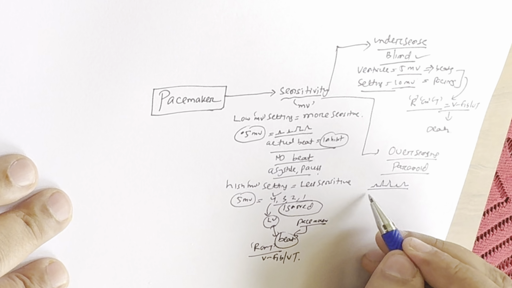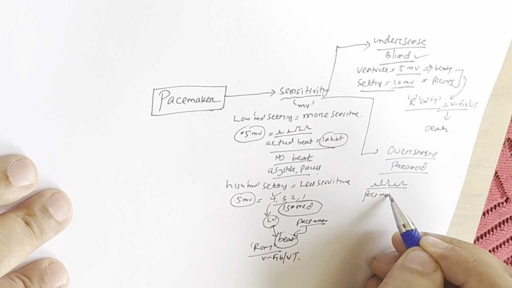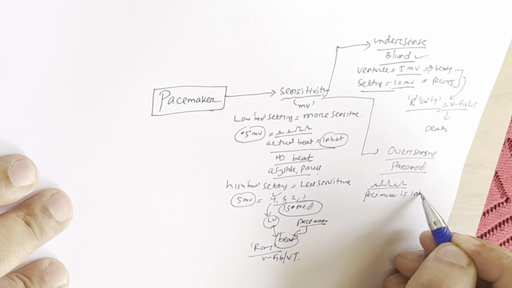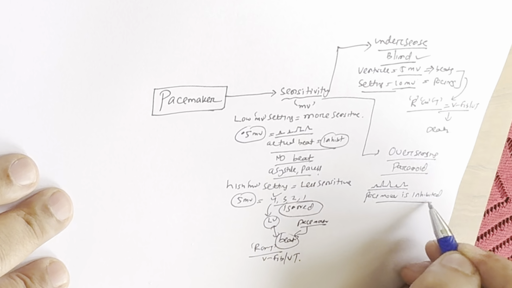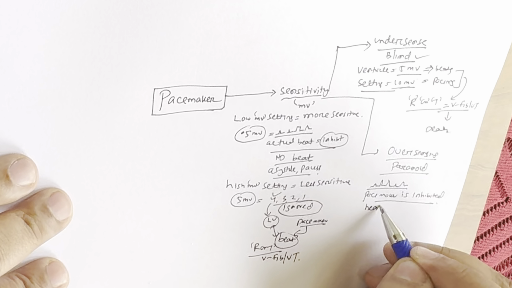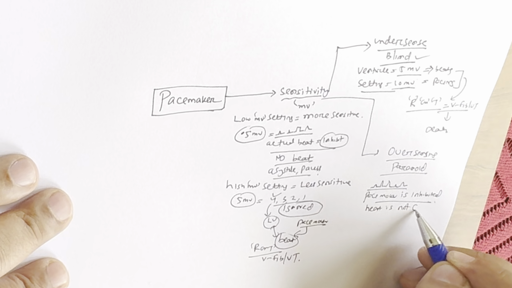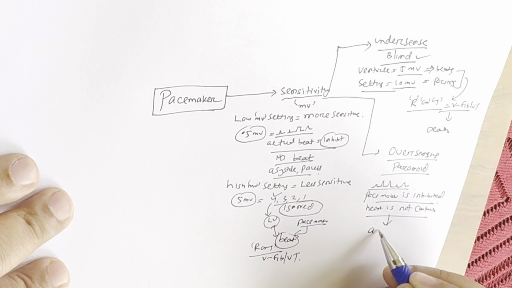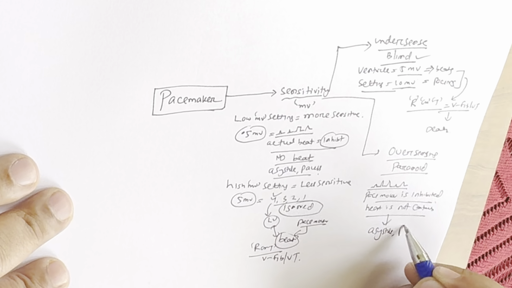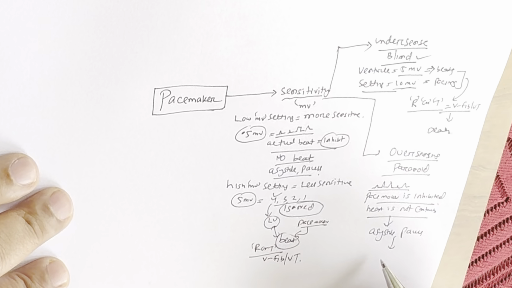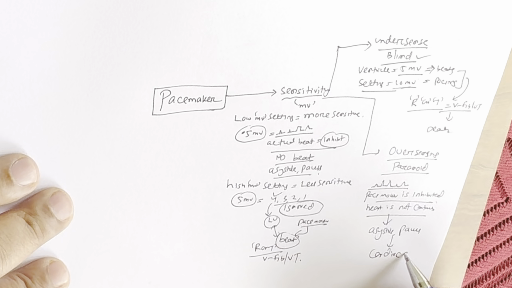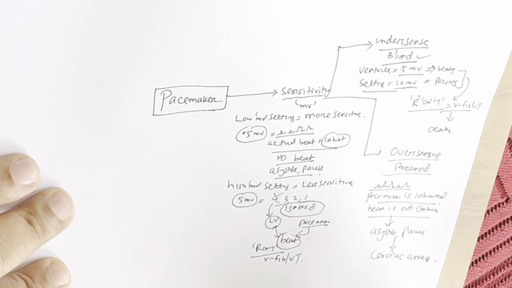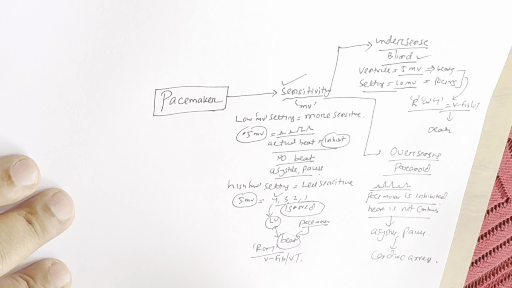So the pacemaker is inhibited. At the same time, the heart is not contracting, producing asystole or pause that can cause cardiac arrest and death, right? So this is very important, the sensitivity setting.